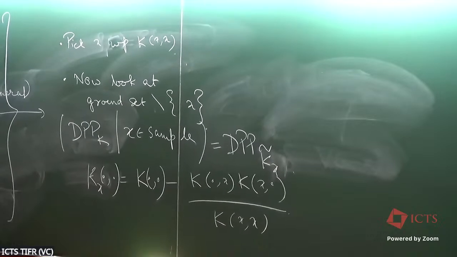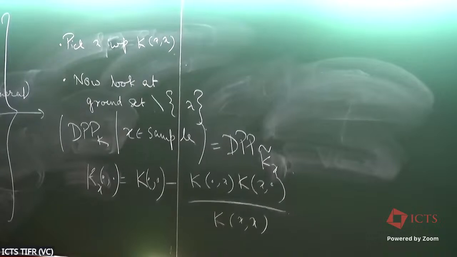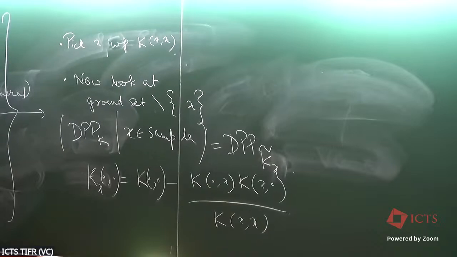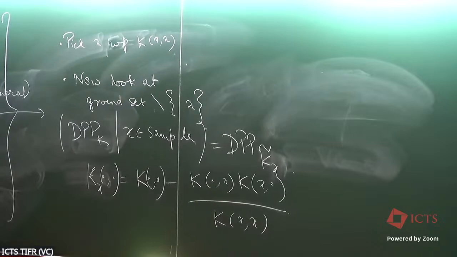What these papers which I cited, which have come out in the last 2-3 years, have done, at a very high level, is this bookkeeping carefully and efficiently enough so that they can squeeze the maximum advantage out of the fact that if you have a kernel of rank R, then the problem essentially lives in an R dimensional space.